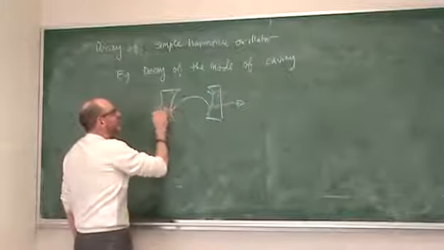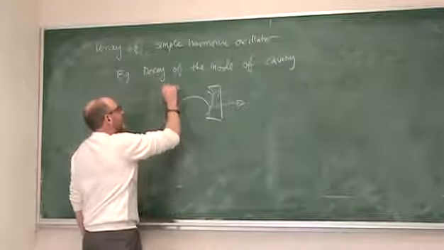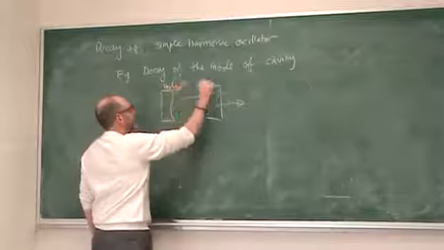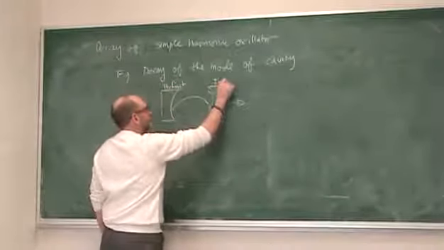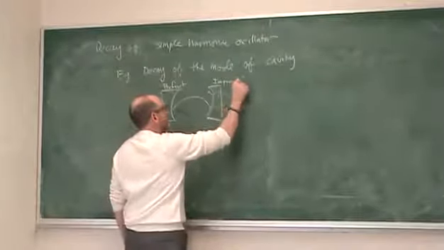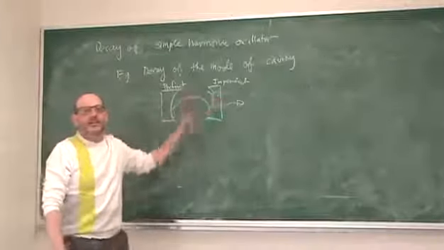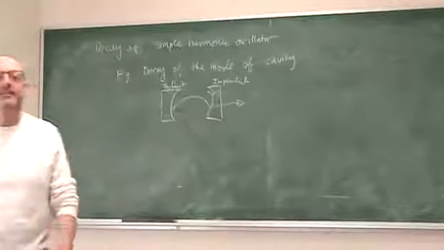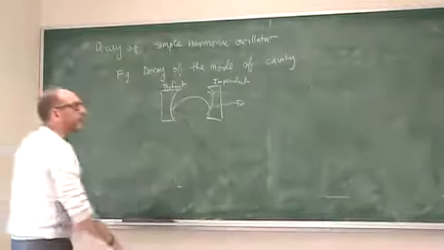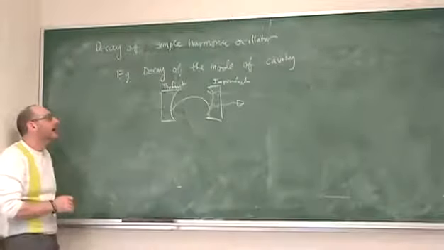Let's say this is a perfect mirror, and this is imperfect. So we can also have thermal radiation coming in if there is some at that temperature, the black body.